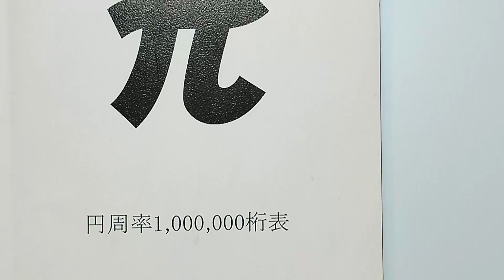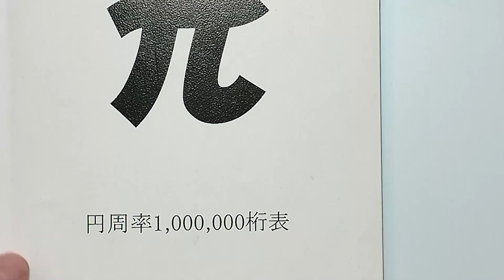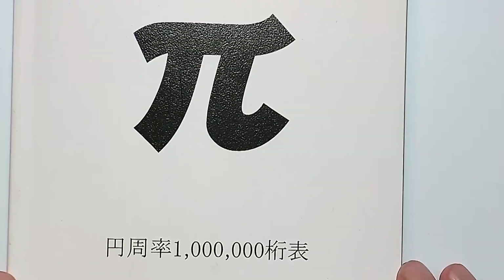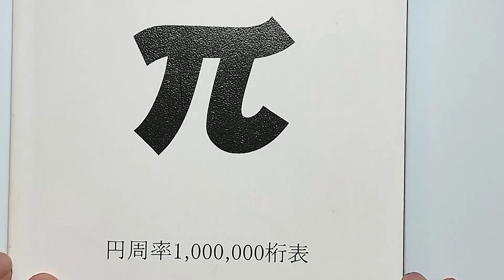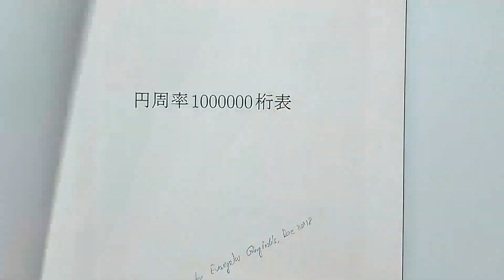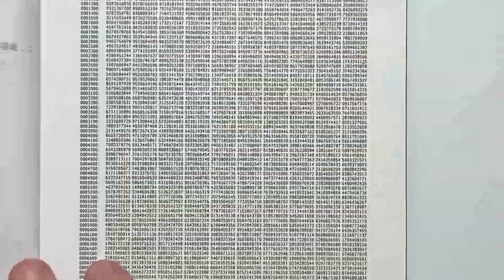Now a year ago I got the following Christmas present: pi to a million digits. This has been published for more than 20 years, but this is the 21st printing or something like this. So here's the first 10,000 digits, and then it goes on.